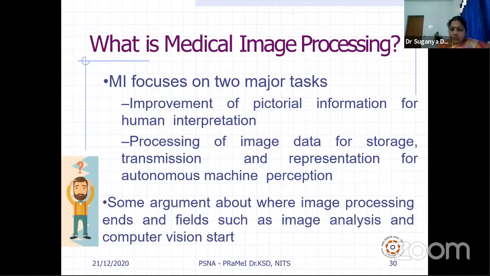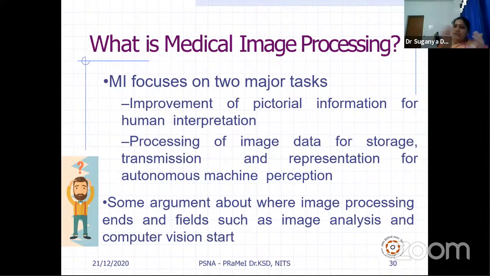So easily we can tell there is some argument about where image processing ends and fields such as image analysis and computer vision start. In medical image processing, image processing alone is not sufficient; we go beyond that to image analysis and computer vision.